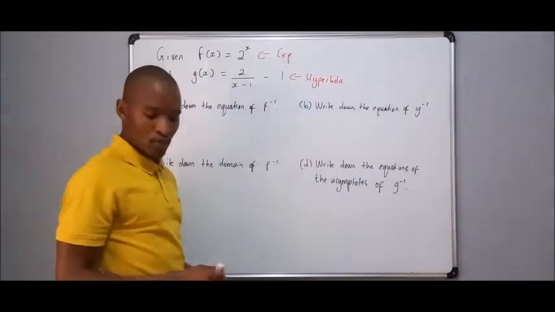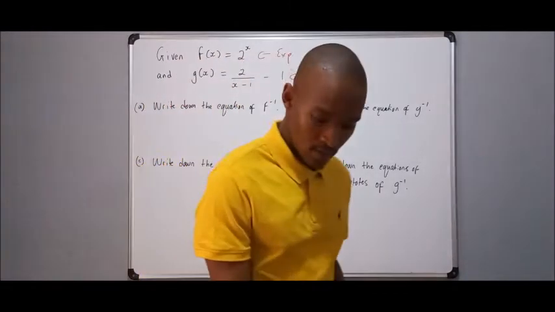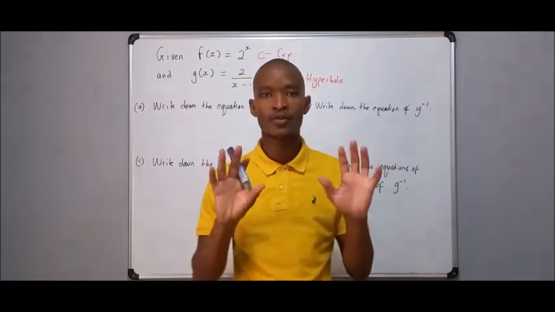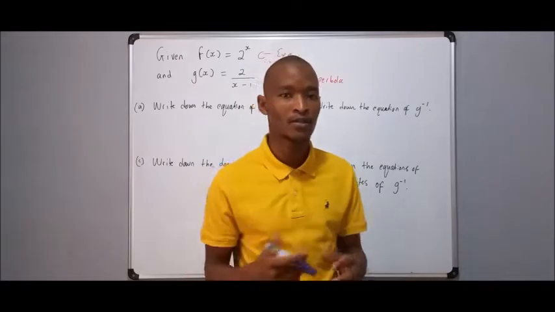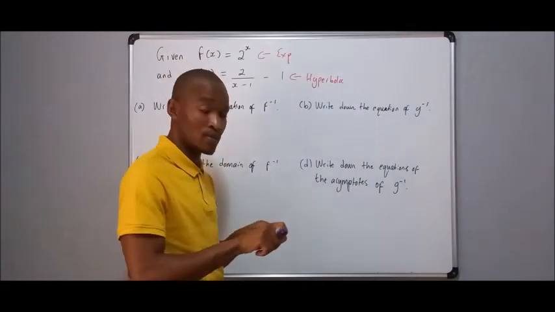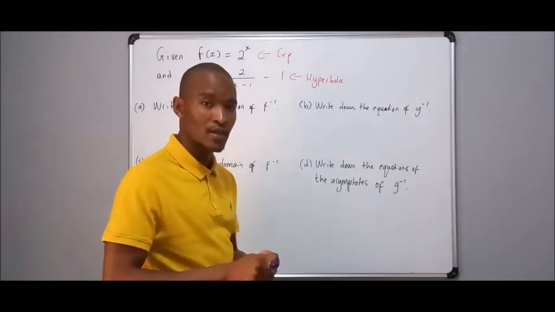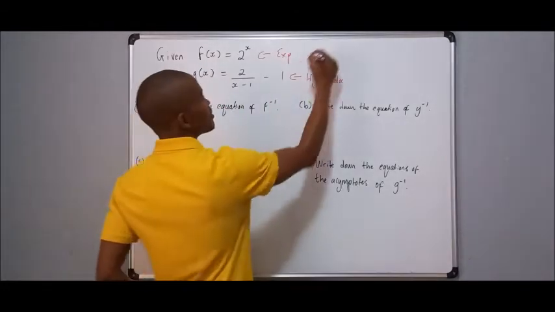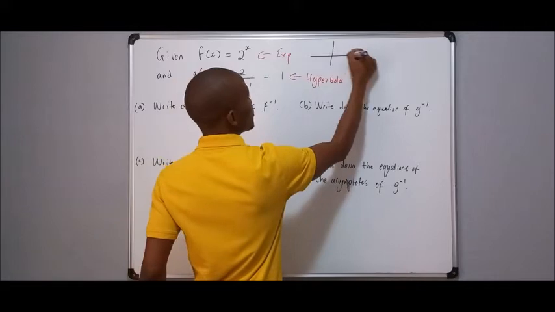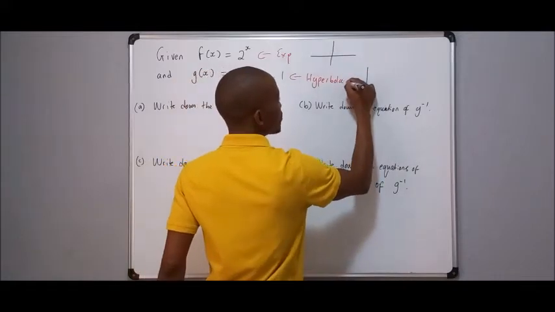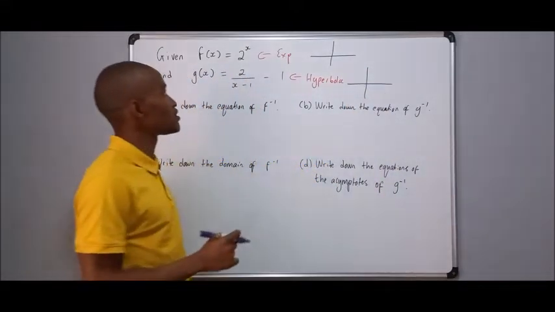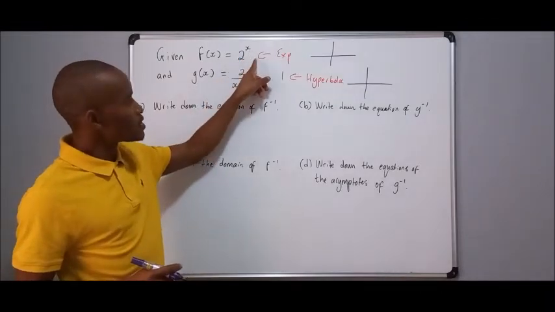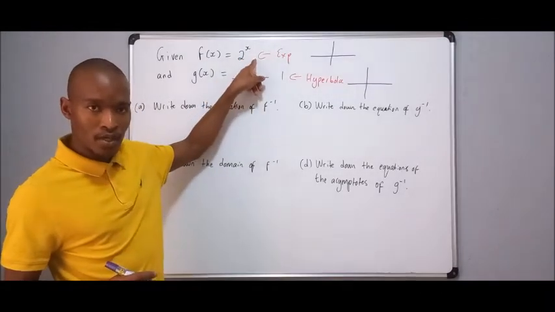My advice is to always associate the equation with a sketch, because we are visual beings and we learn better when we see something, over and above just hearing it verbally. Looking at the sketch of 2 to the power of x, what is the horizontal asymptote?